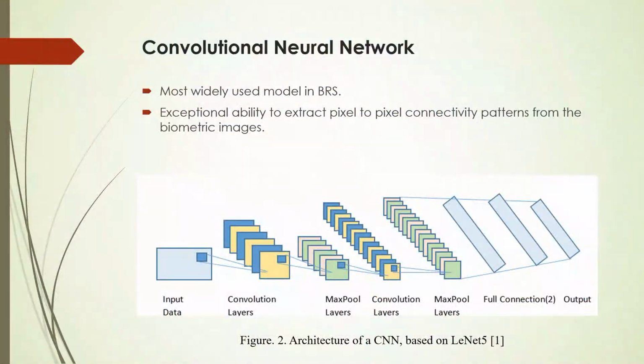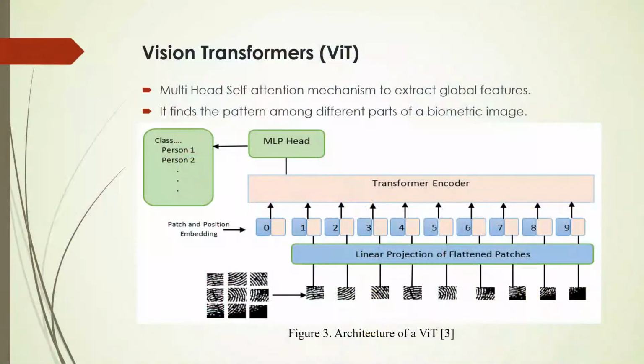This is the normal, widely used architecture. It mainly includes some convolution layers, max pool layers with the addition of fully connected layers, and at the end we have an output layer that is basically a softmax layer.